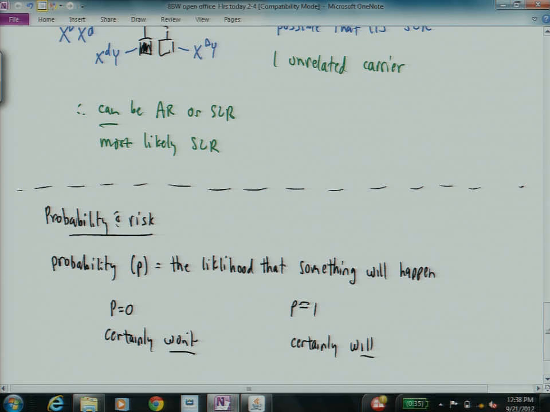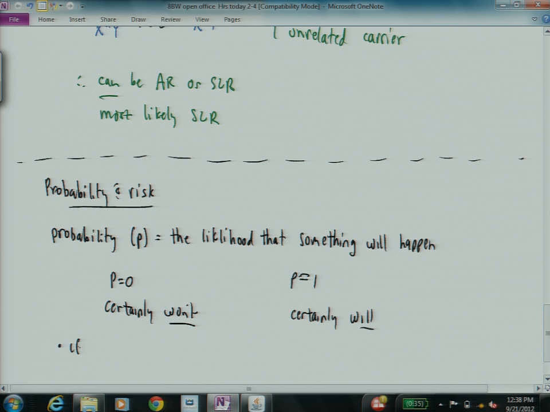And as a reminder, if the probability is 3/4, then in a large number of trials, it will happen 3 times out of 4.